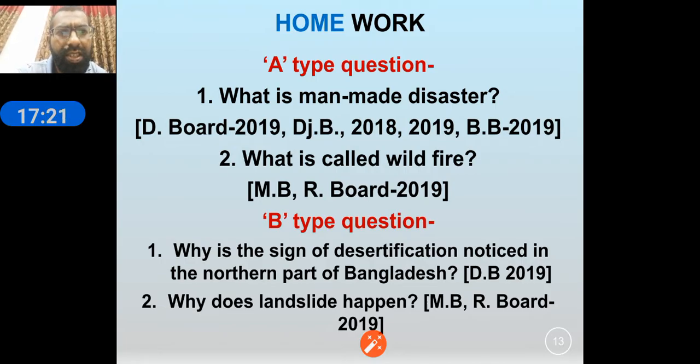And what signs of desertification are noticed in the northern part of Bangladesh, and why do landslides happen in hilly areas. So these are some important questions which have come several times in different boards.